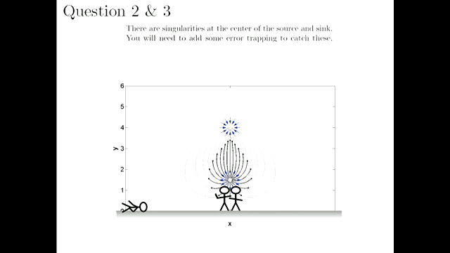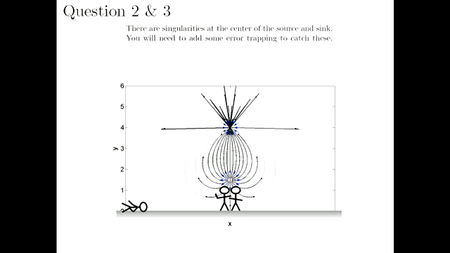Does that make sense? Where everything should actually just get sucked into and disappear into that sink, it's just going to fly through that sink and then bounce back into it, and we're going to get this very messy streamline pattern as all these particles just bounce in and out of that sink due to those infinite velocities that happen when we approach that point sink. Does that make sense, what I'm saying?